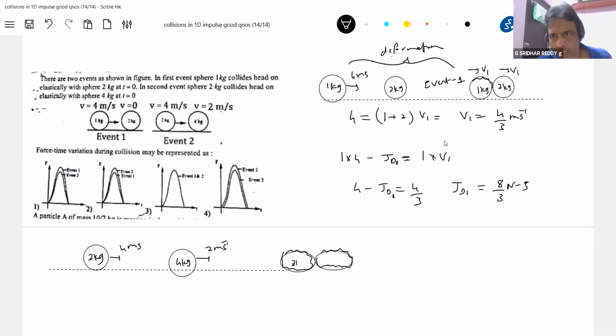Again, you'll get confused, sir. What happened to that energy? They show some deformation. So this is 2 kg. This is 4 kg. They will have a common velocity. Let me call it V2. Let me take any one. Again, this is a deformation.